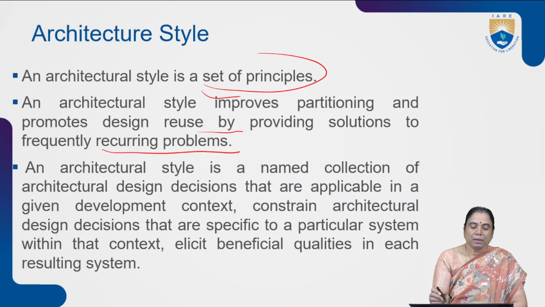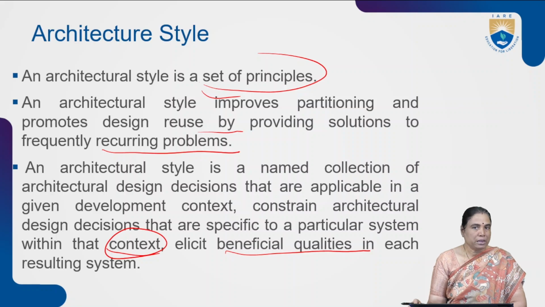It is a named collection of architectural design decisions that are applicable in a given development context, and contains architectural design decisions that are specific to a particular system within the context. So the domain and complexity of the project are considered, and beneficial qualities in each resulting system are highlighted with the architectural style.